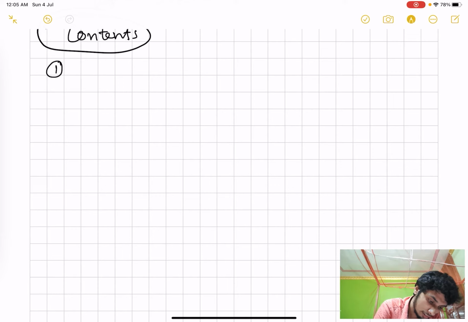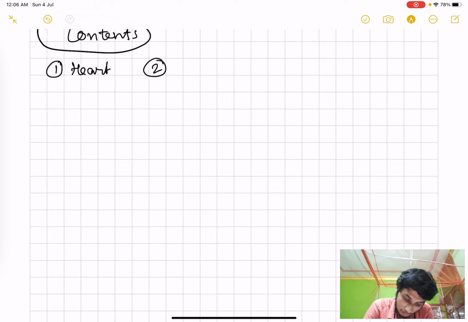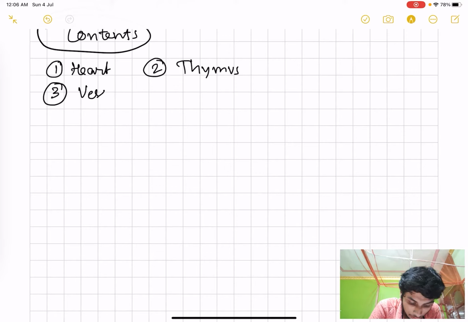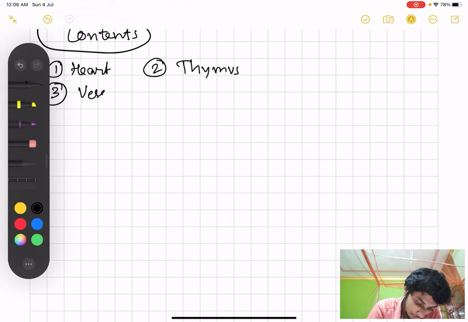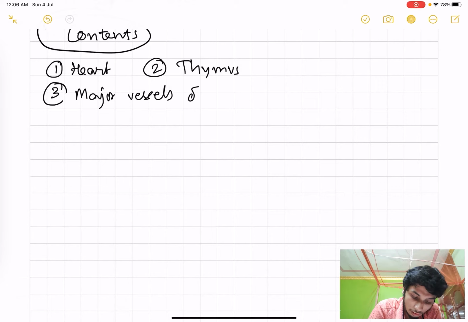So let me write it down. Contents: number 1, heart. Number 2, thymus. Number 3, vessels, or rather major vessels of heart.